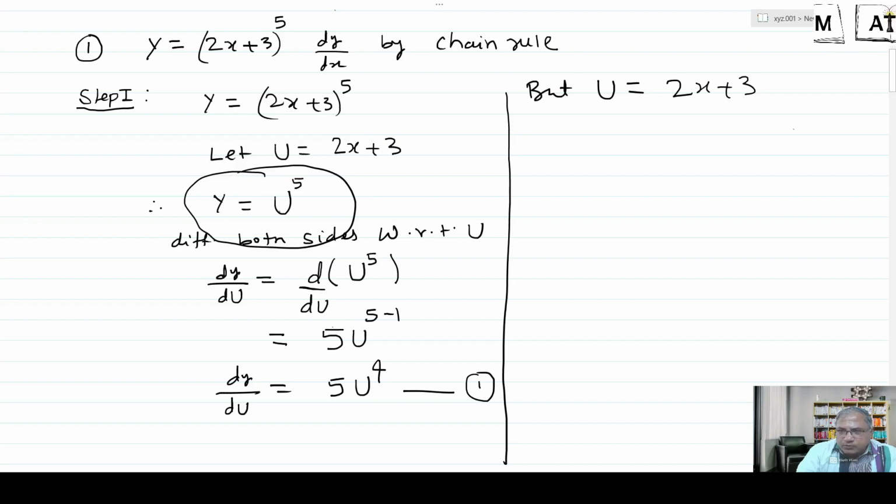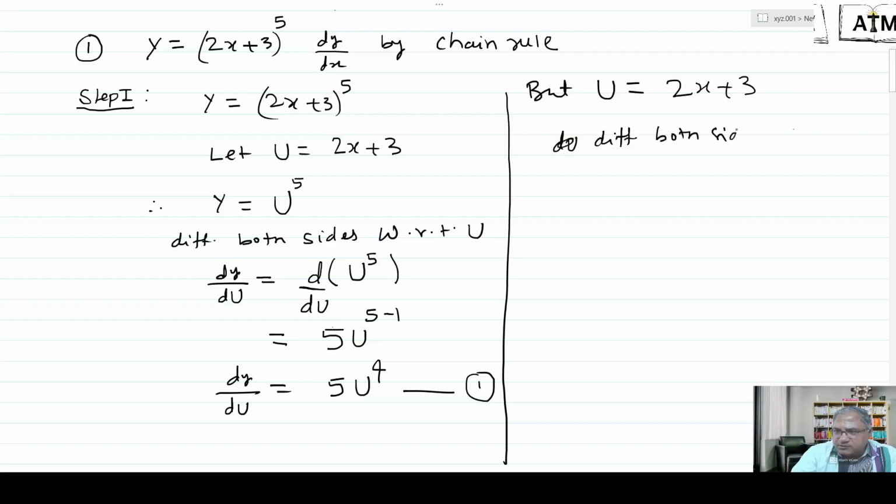y depending upon u. Therefore, we find dy by du in case number 1. But now u equals 2x plus 3, so u is depending upon x. So what do you do? You differentiate both sides with respect to x.